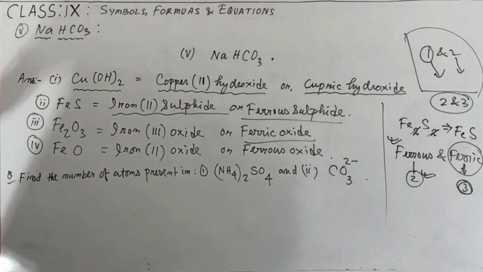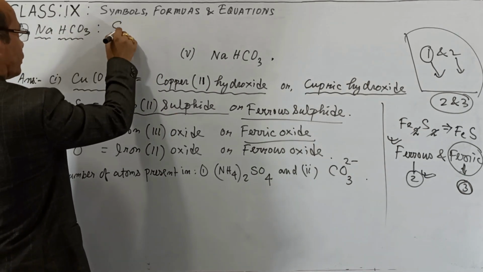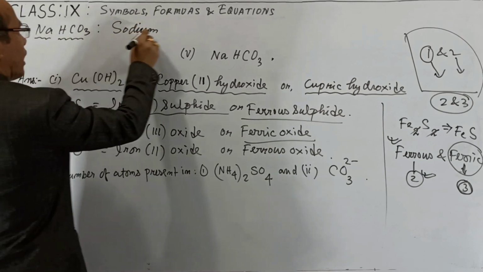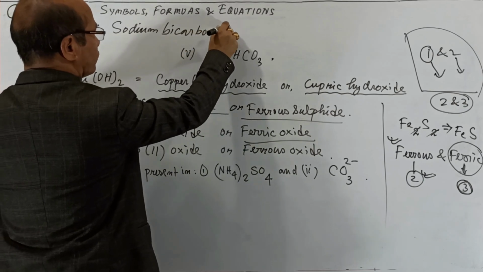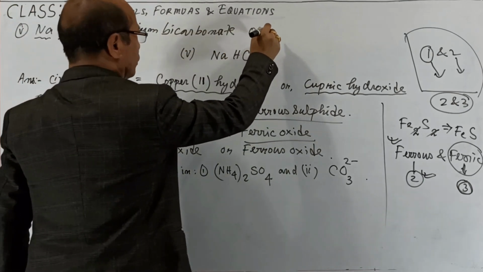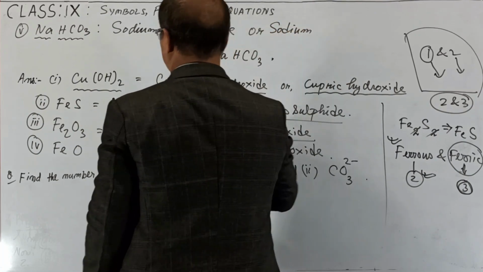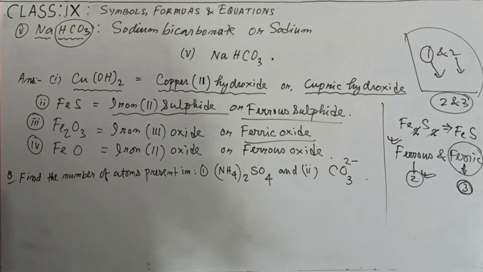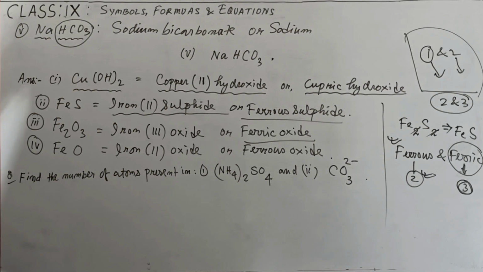Then how are you going to write the name of this chemical compound? You have to write sodium first. Sodium bicarbonate. Or you can write sodium, the name of this polyatomic ion is bicarbonate as well as hydrogen carbonate.